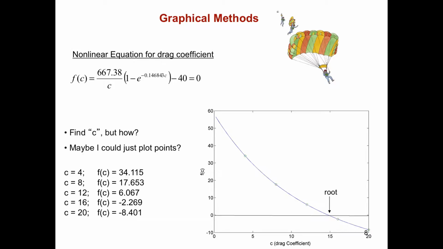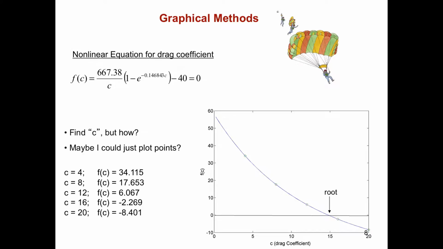So if I have, for instance, a positive value here and a negative value here, and the function is continuous, then I know that I have to hit a 0 somewhere in between. So now it's just about narrowing down my segment to close proximity of that 0.